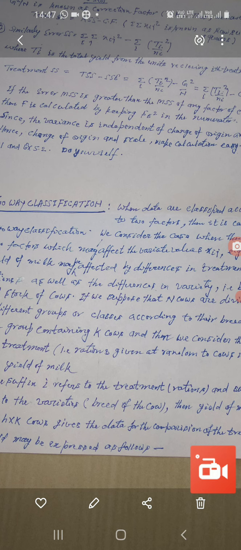Then the yield of milk xij of N equal to hk cows gives the data for the comparison of the treatments, and the yield may be expressed as follows.